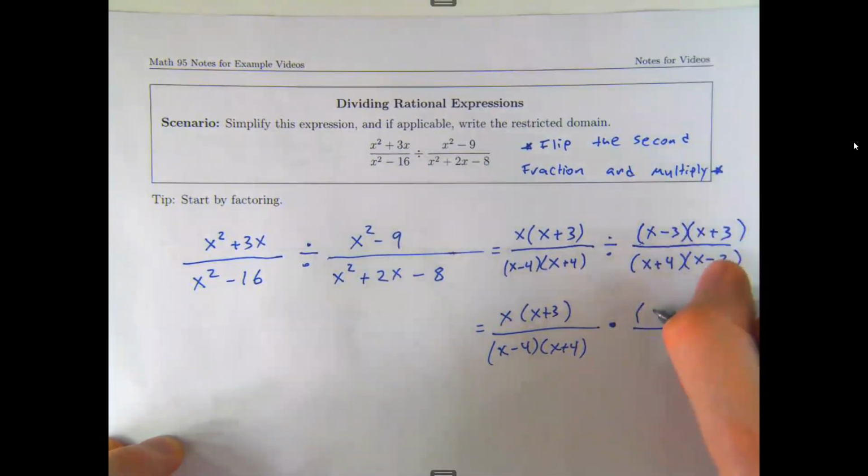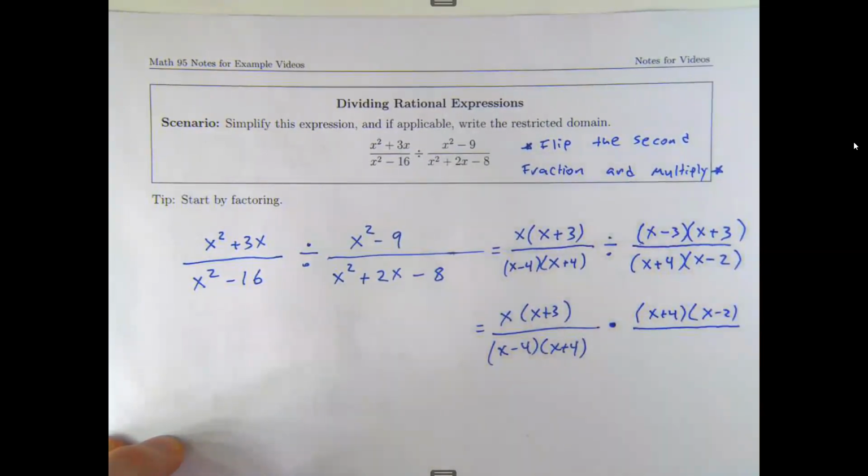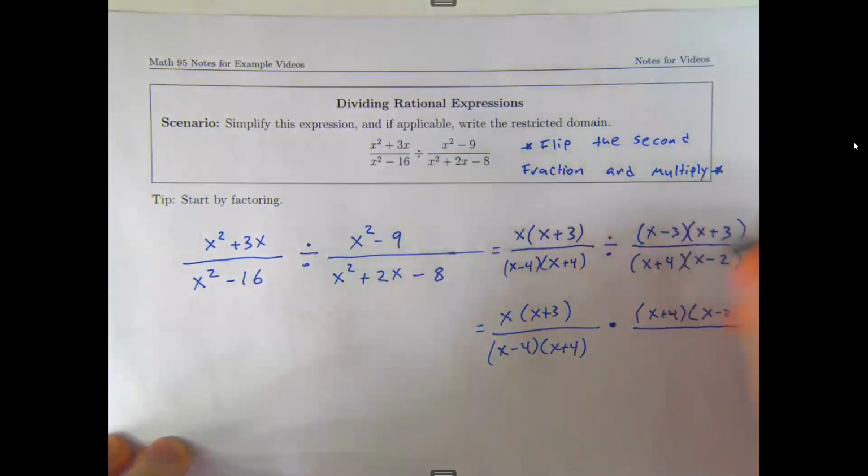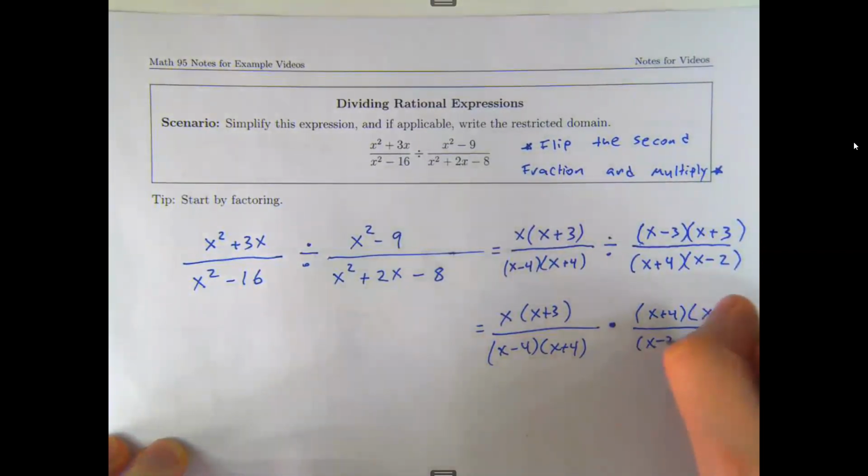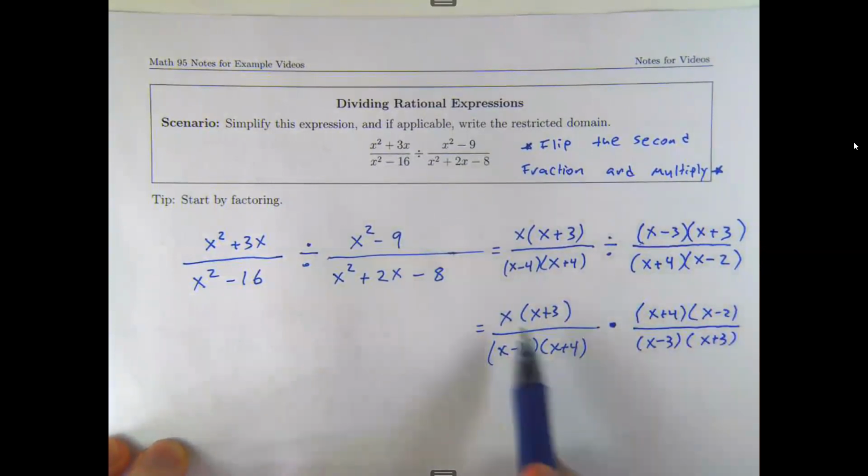So this used to be on the bottom, this x plus 4, x minus 2. It's on the top now. This x minus 3, x plus 3, that's going to show up on the bottom now. And I'm going to multiply the tops and the bottoms.